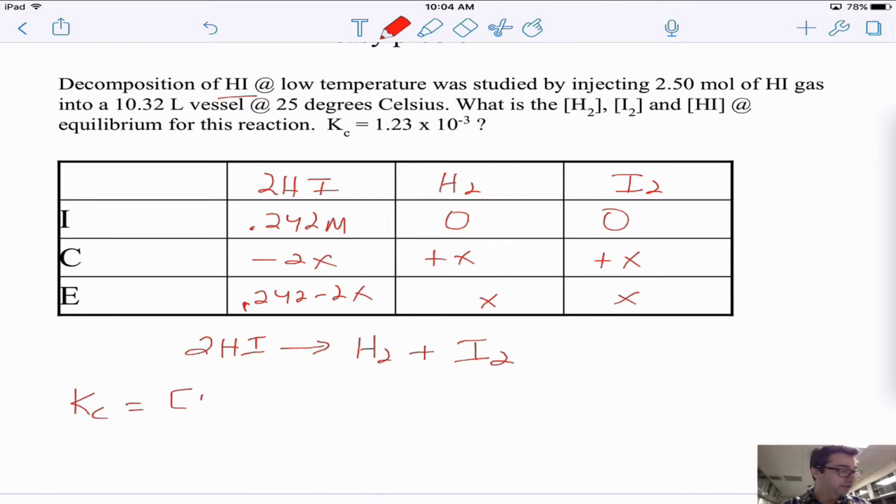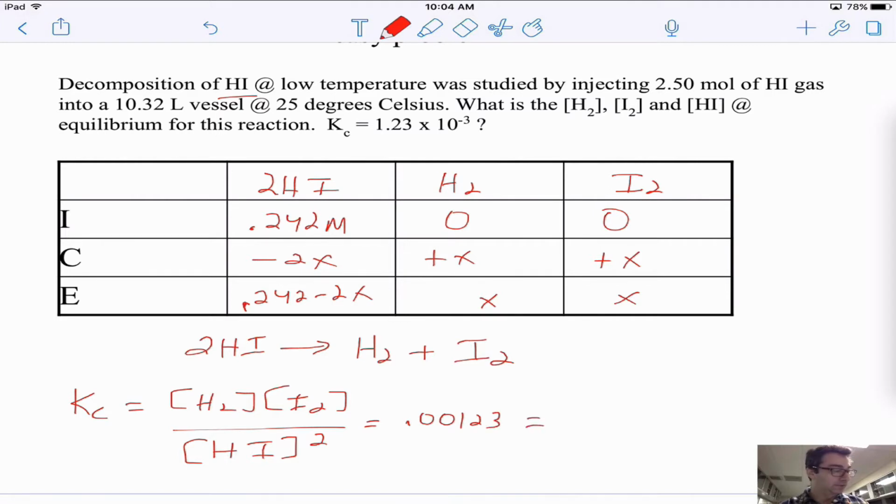That is going to be H2 times I2 over HI squared. And I'm now going to plug in my values. I know what Kc is. It's 0.00123 equals x times x over 0.242 minus 2x.